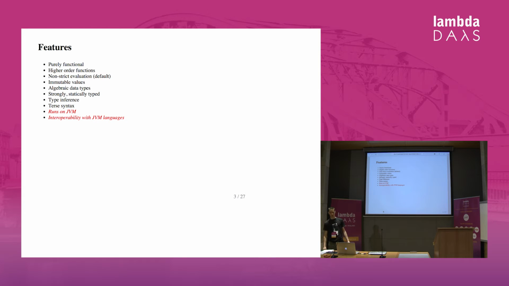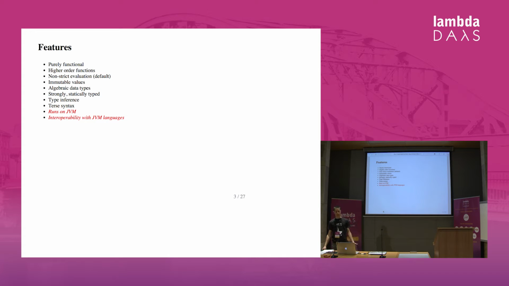So the features: the language is purely functional. I won't go into a dispute about what that means. It supports higher order functions. Evaluation, like in Haskell, is not strict by default, but can be forced to be strict. Values are immutable. That is a very important feature because we are on the JVM, which has no such constraint.